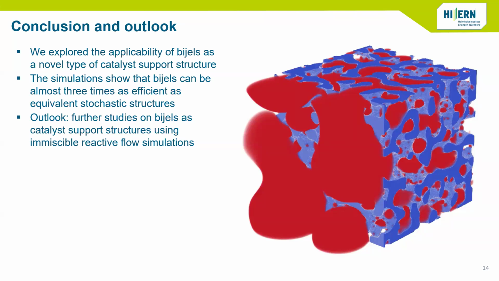The reason I'm asking is that in experiments, as far as I know, it has been quite challenging to make Biegels if the particle contact angle is not near 90 degrees. True, true. We also see that in our simulations, we just try to stick relatively close to 90 degrees.